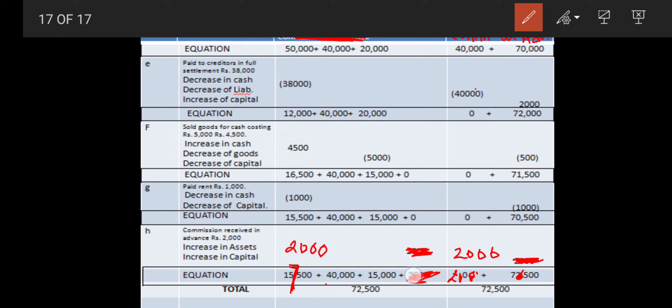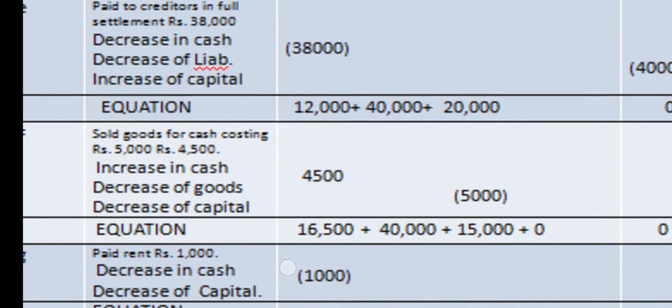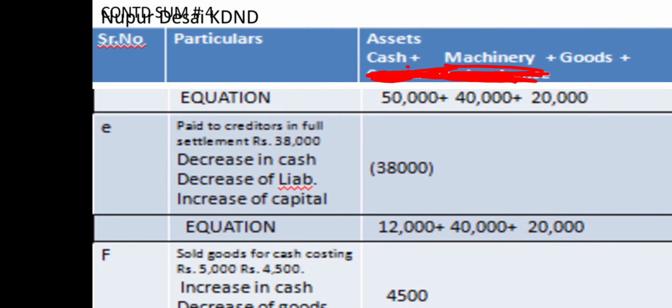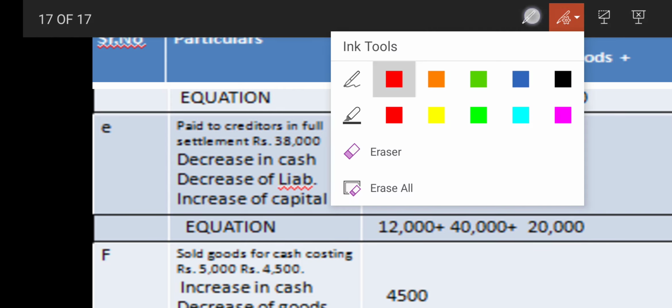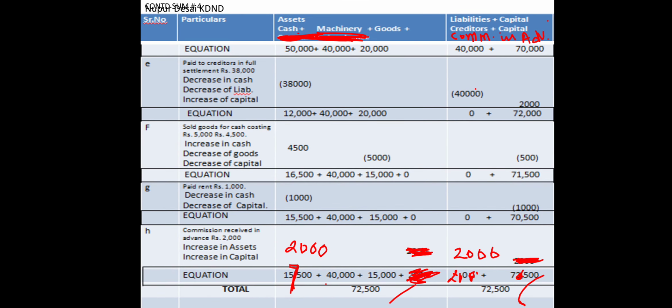So ultimately your equation will be 72,500 on both the sides. So this way your sum will be over. So ultimately your equation has been set up.